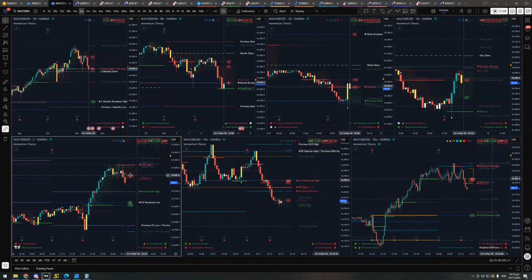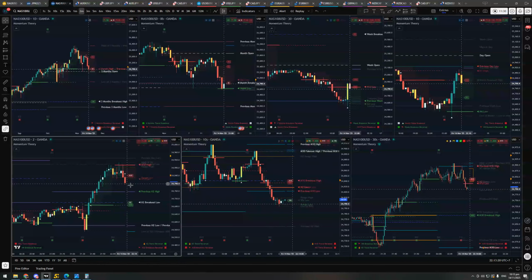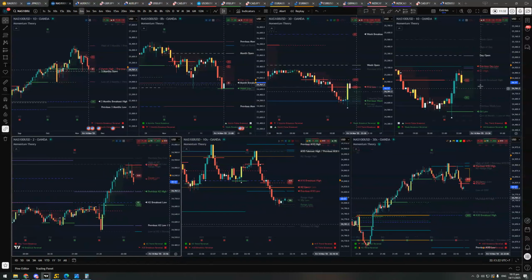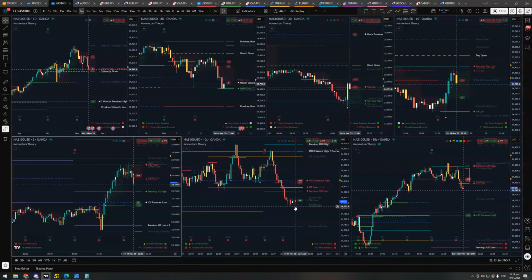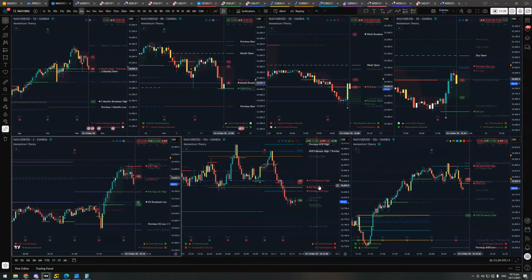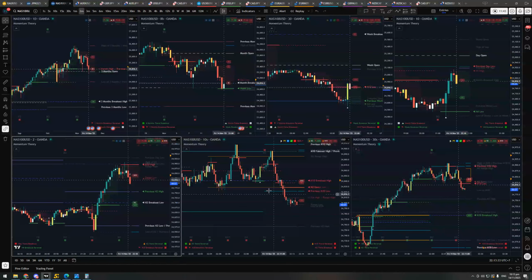Okay, it looks like it's pushing out. All right, so I'm going to pause it here. Basically, I just want to see price get back above the M10 breakout level.